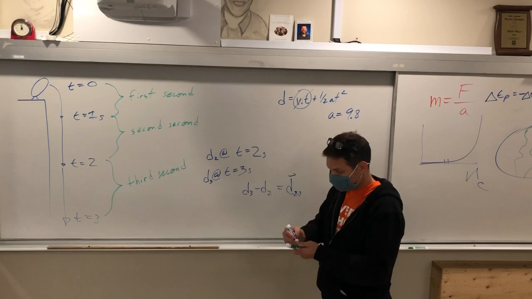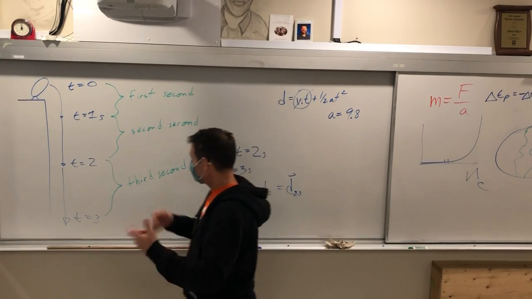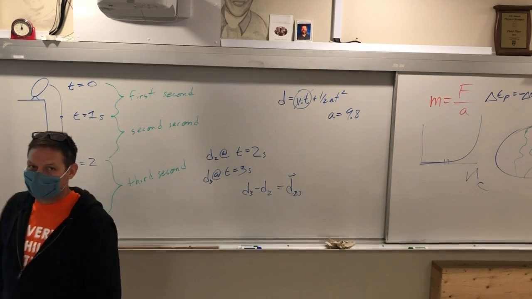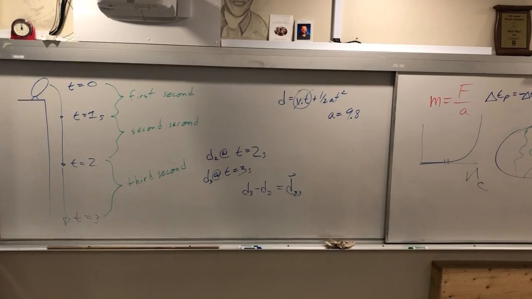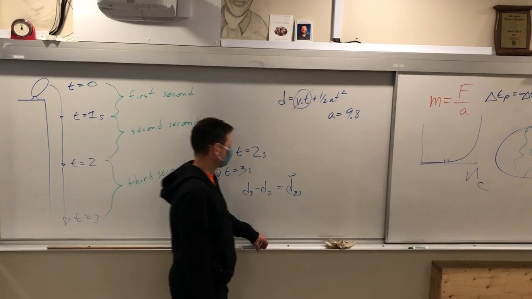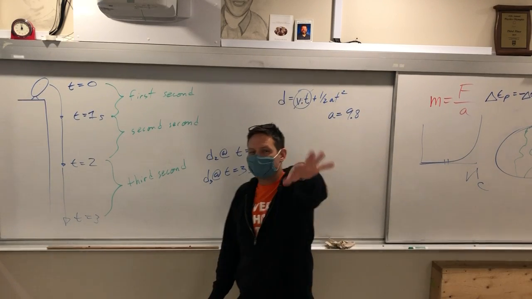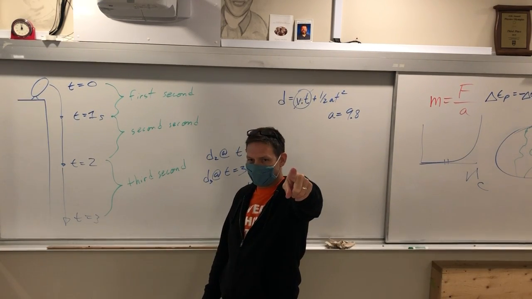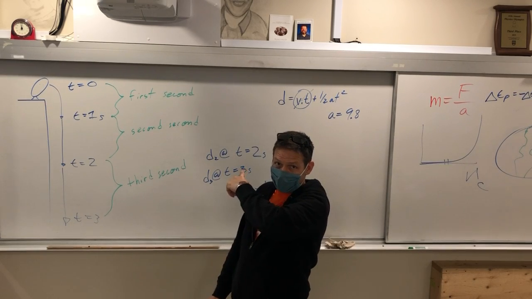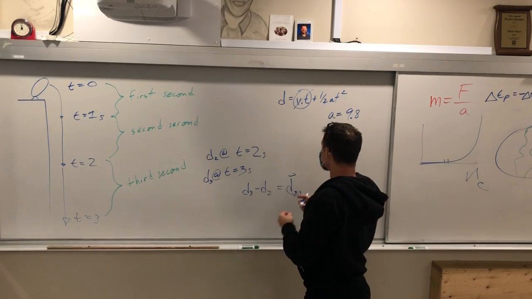Strange question. I'll probably never ask you a question like that on a test or a quiz, but just so you understand what's going on there. What's the answer? Okay, go and try to do this yourself. Pause it, go do it yourself, and then come back and I'll show you.